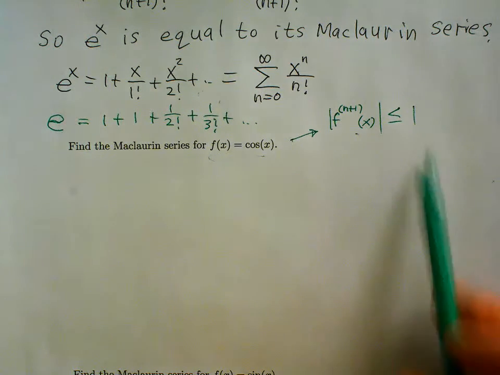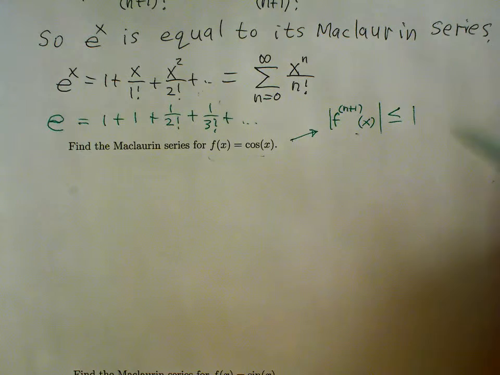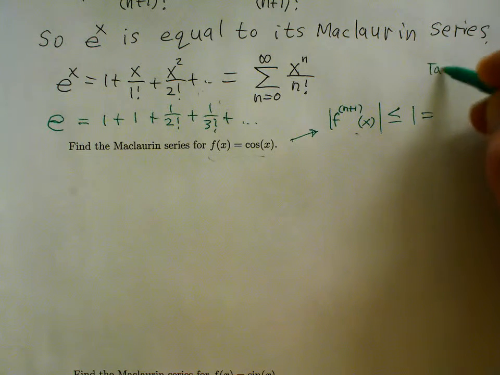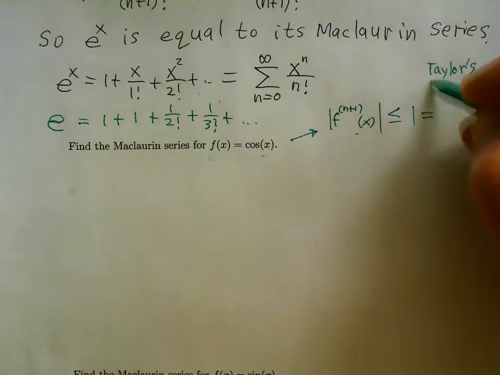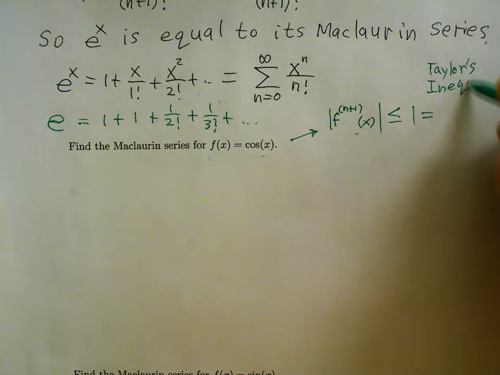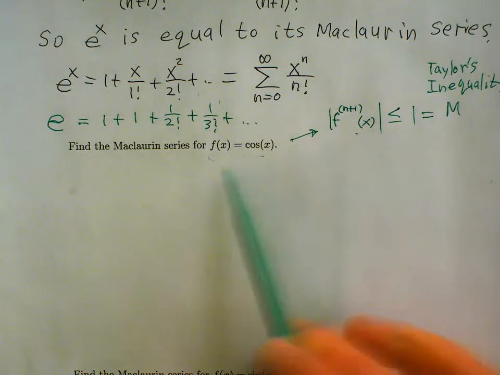So it's bounded. So in Taylor's inequality, the value of M for cosine of x is 1.